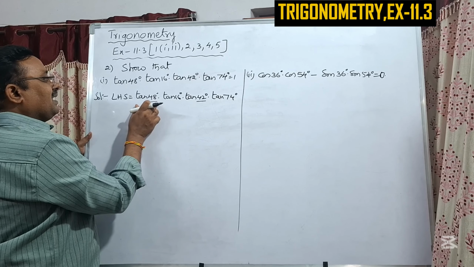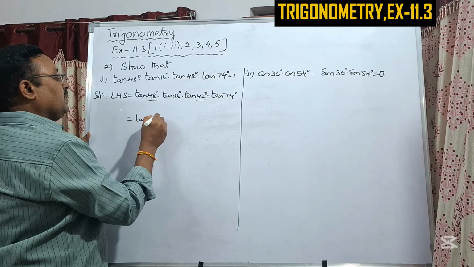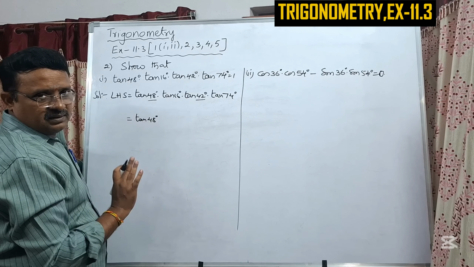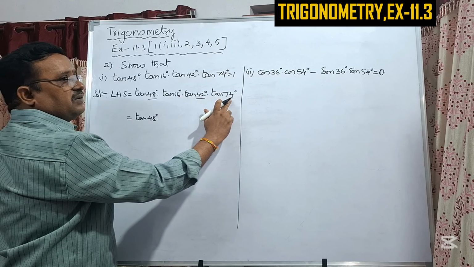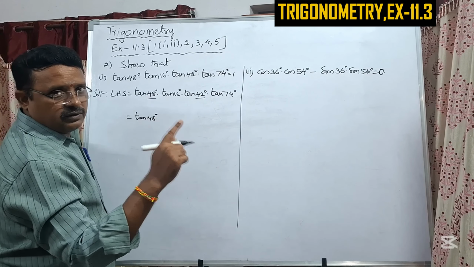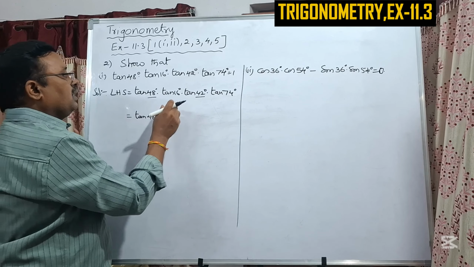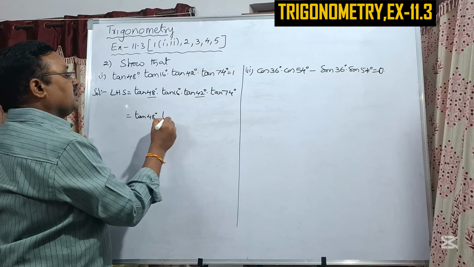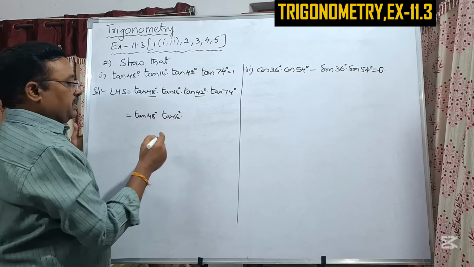For that, write one term as it is, change the other. In the same way here, 16 degrees and 74 degrees, the sum is also 90 degrees, both are also complementary angles. So write one as it is, change the other using the complementary property.